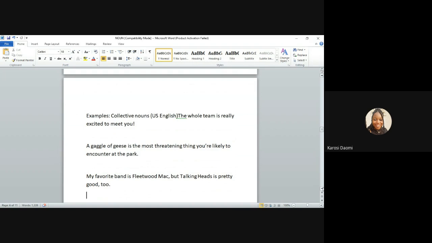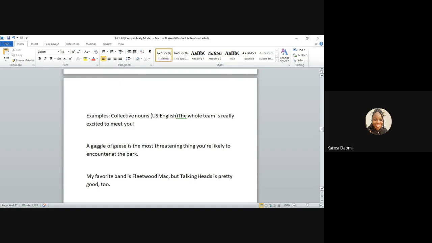Now, take note. What is showing us here that it is treated as singular is the verb is. The whole team is really excited to meet you. Of course, the team is a group of people. In US English, the rule states that irrespective of how it appears, all collective nouns should be used in the singular.